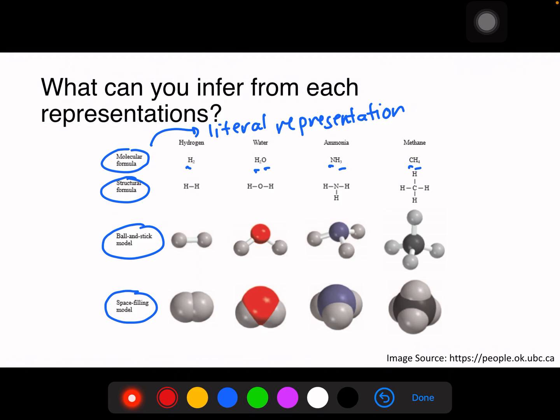Another one, we have the hydrogen bonded to the oxygen, and the oxygen is also bonded to another hydrogen.